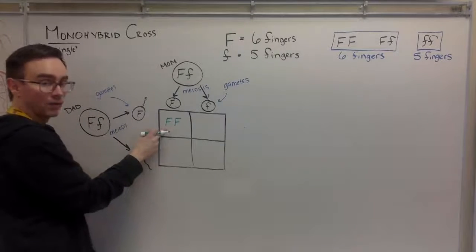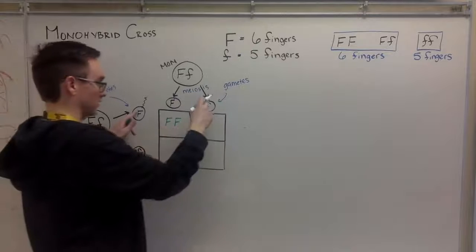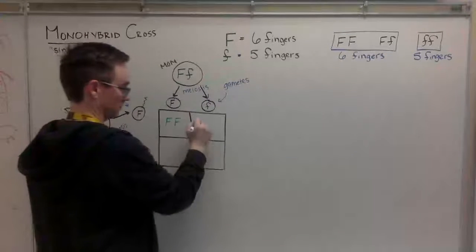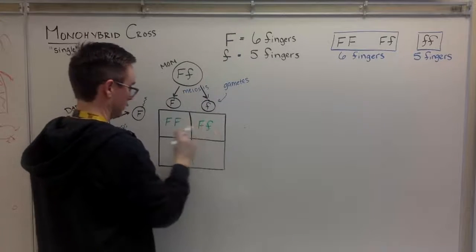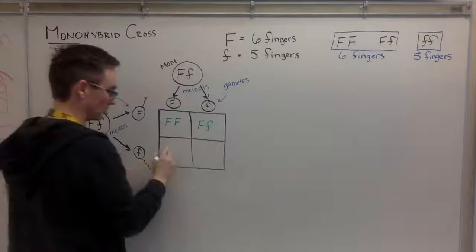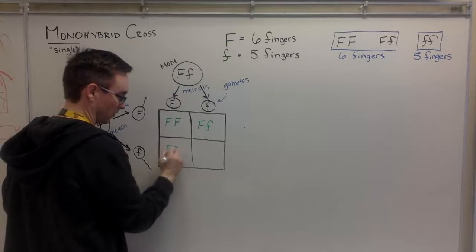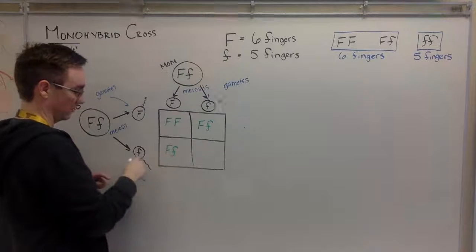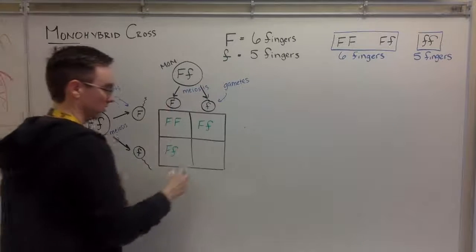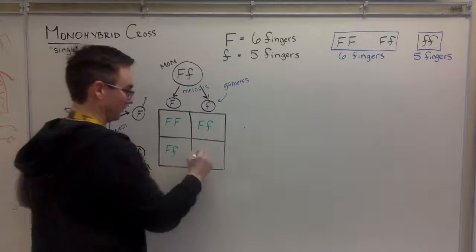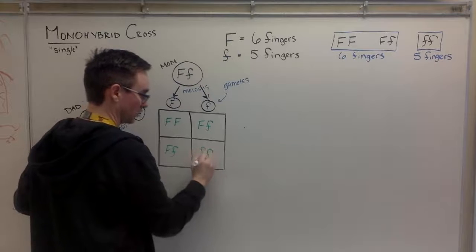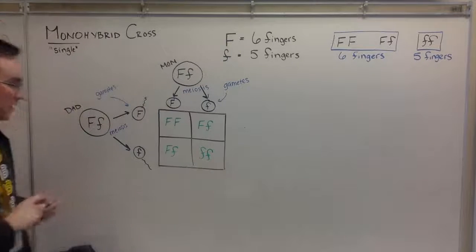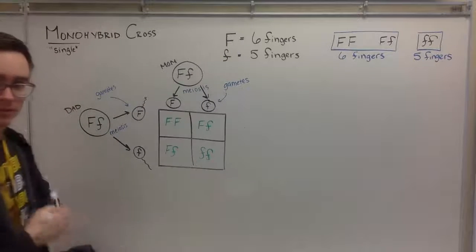Big F, one from mom, one from dad. Going across here, we always put the dominant allele first. And then little f and little f. This is our Punnett square.